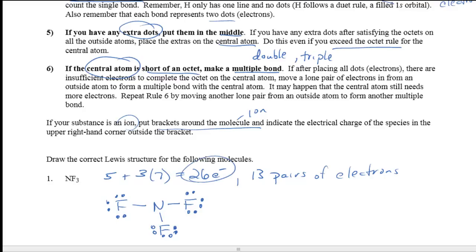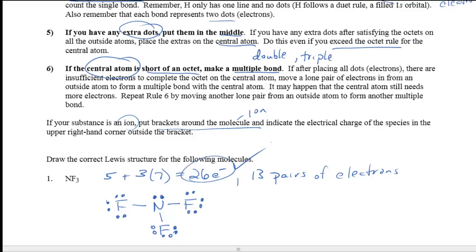We need to place 26. All right, so it says if you have any extra dots, put them in the middle. That's rule 5. Okay, so we put them in the middle on that central atom as a lone pair, and that's 26. So we've placed all our valence electrons.